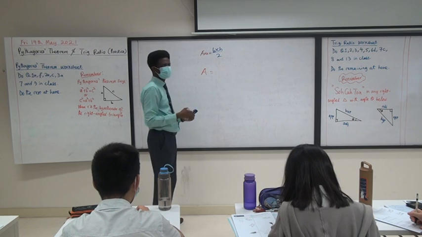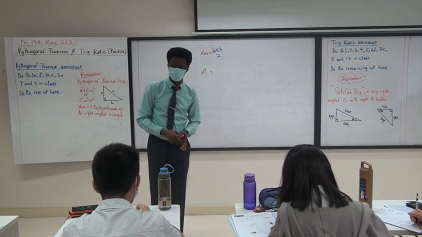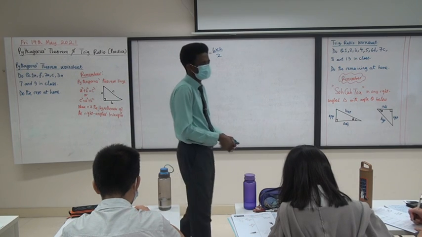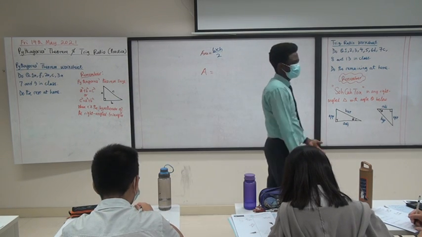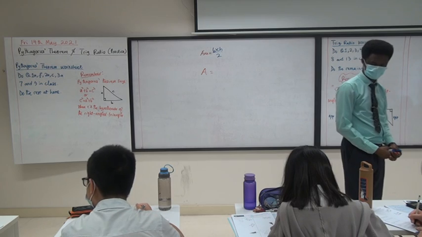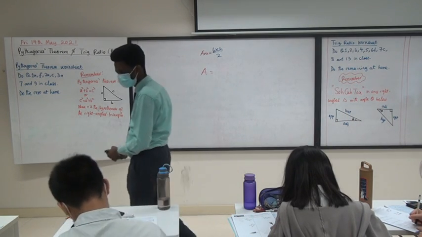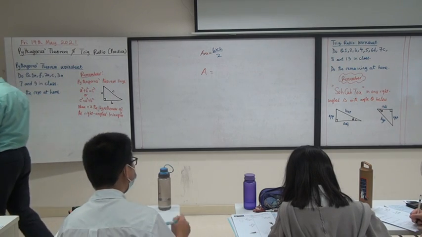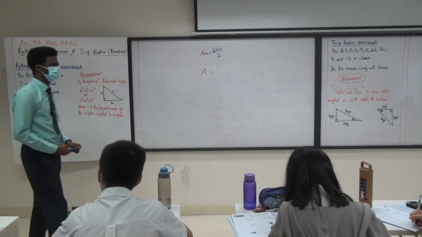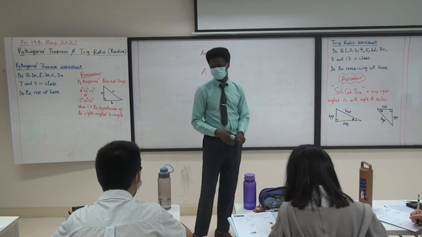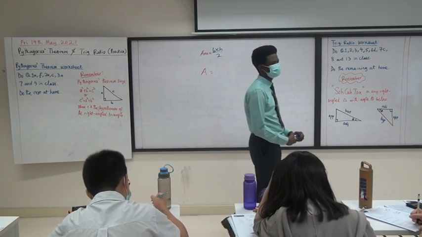Describe what you are doing, not just let us see what you have done. If the question is perimeter, don't just write 2 plus 2 plus 3. Write perimeter is equal to.